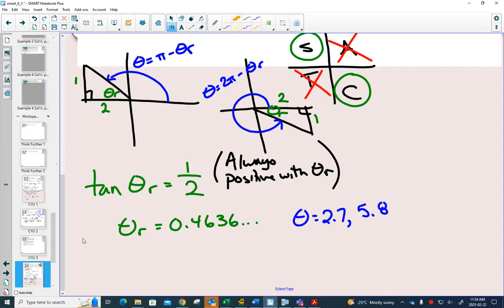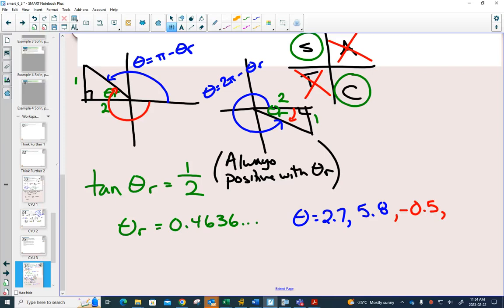My negative angles, from 0 to negative 2 pi, these would be our two angles. I hope you can see the quadrant 4 one is the easiest. If you know your reference angle is 0.46, then quadrant 4 would be negative and rounded to the nearest tenth, negative 0.5. The angle in quadrant 2.